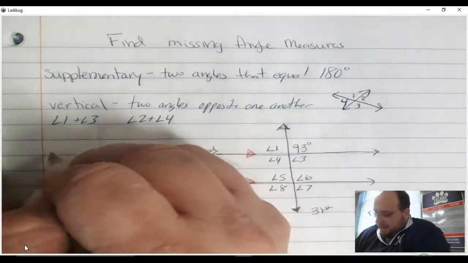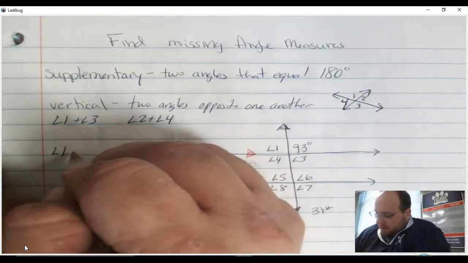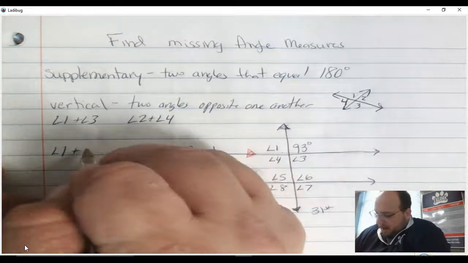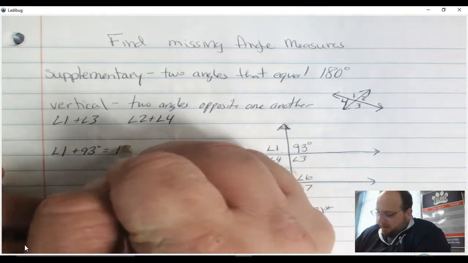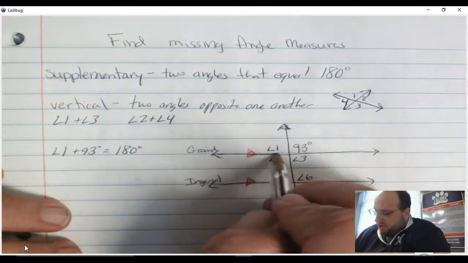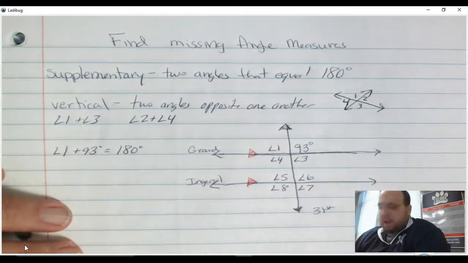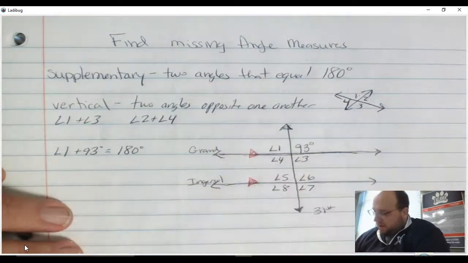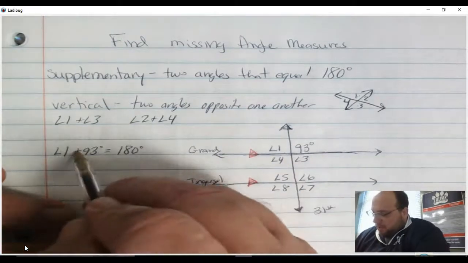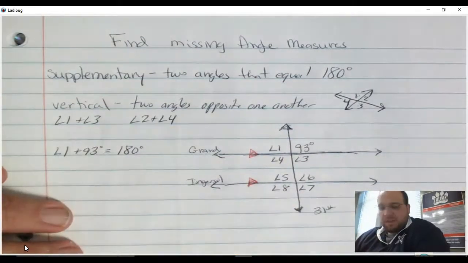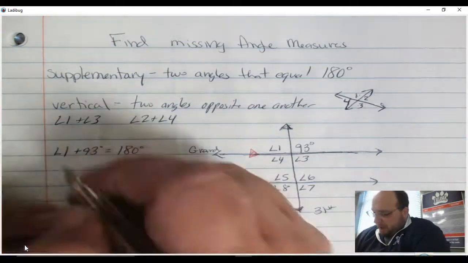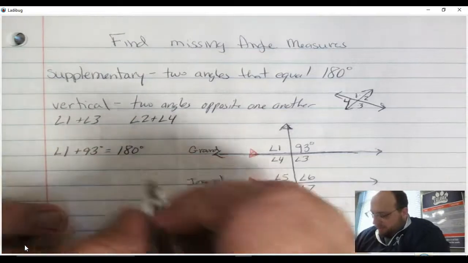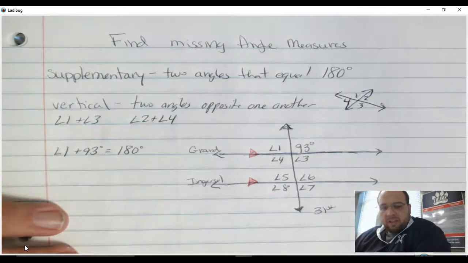What I need to know is that angle 1 plus 93 degrees is equal to 180 degrees, because this is a straight line. Knowing my knowledge about equations, I would solve this basically like an equation.